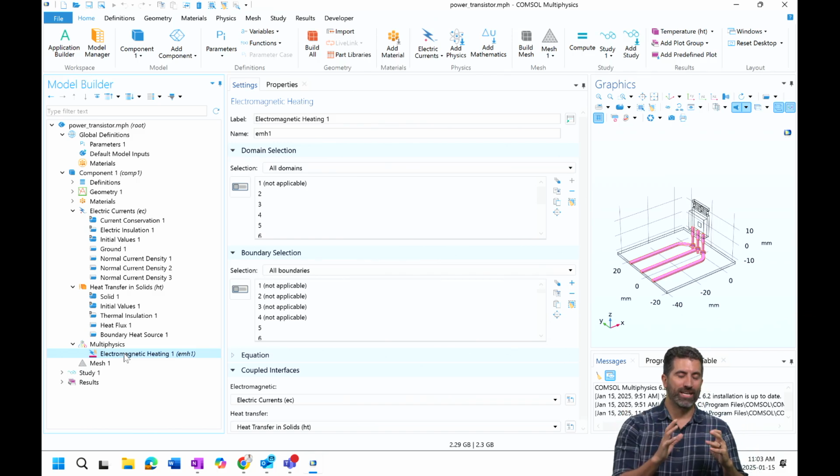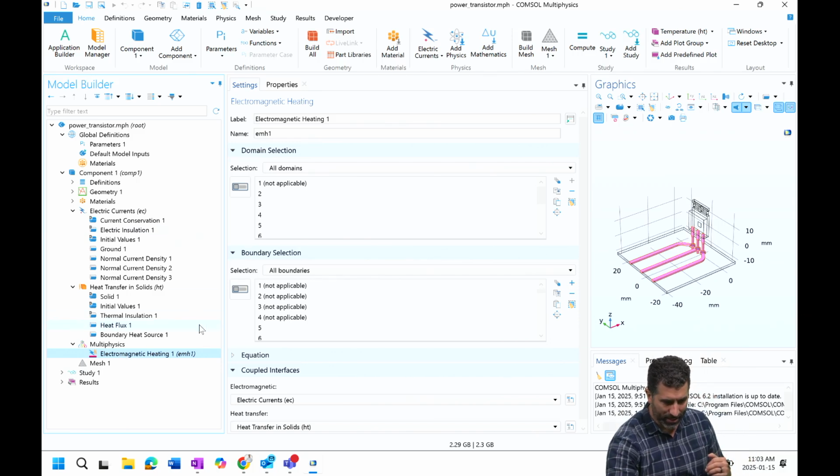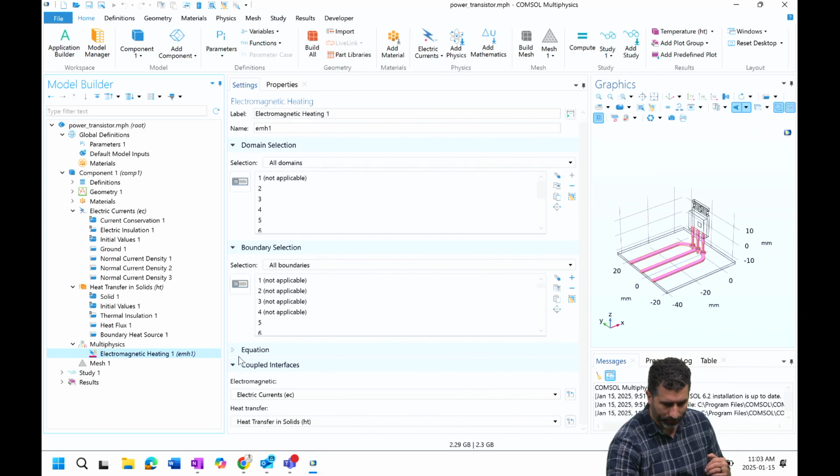This is a different way to couple in different types of physics, where now it's the Joule heating. So it's the current which is moving through this resistive material and generating heat as the charges are colliding and being resisted. Okay, so these are the equations here.